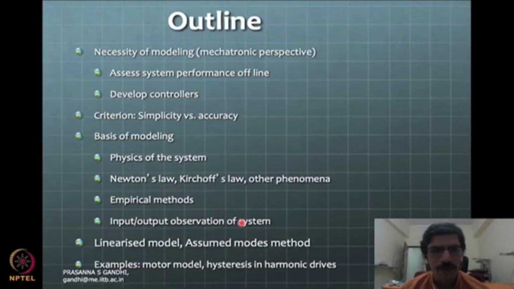This is a rough outline of the entire part, but in the modeling aspect, we are going to look at some of the parts here. We'll start with these points first, and then as we get this context, we'll go further. So why do we need to model?